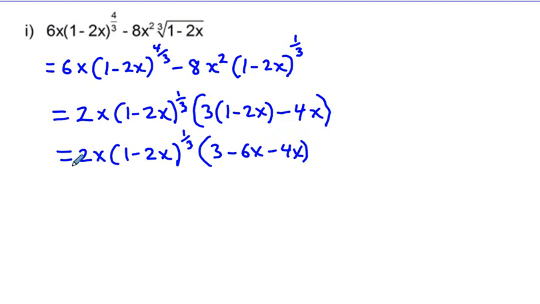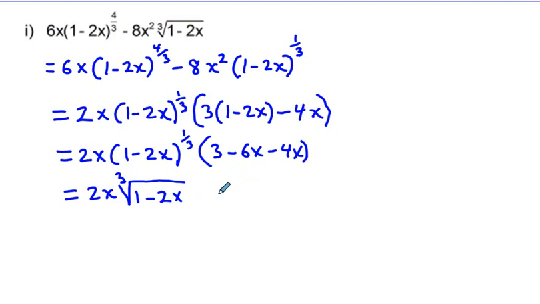And so now we're just about ready to finish this up. So we're going to have left over 2x, and this 1 minus 2x to the 1/3 power is going to be the cube root of 1 minus 2x.